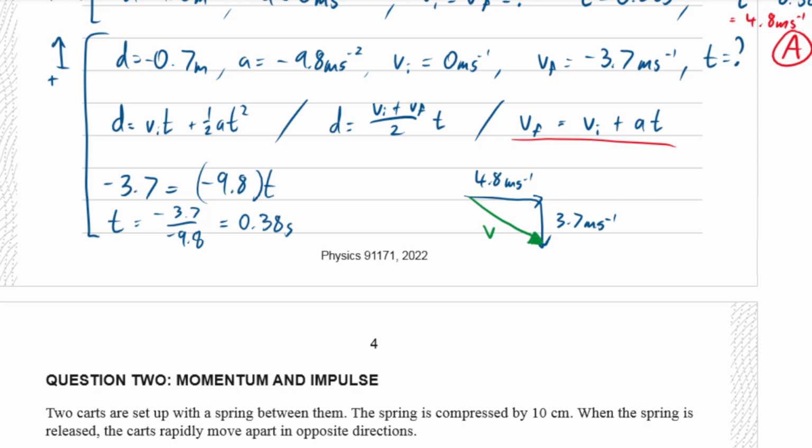and you'll recall from last year, Pythagoras' theorem, we can find the magnitude by squaring each side, adding them together and square rooting it. So the magnitude would be 4.8 squared plus 3.7 squared, all square rooted.